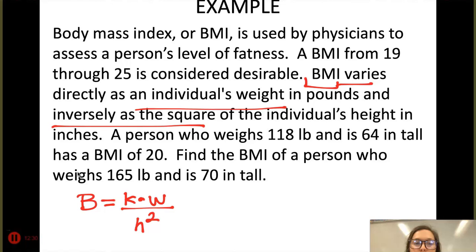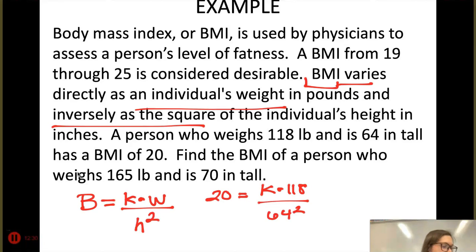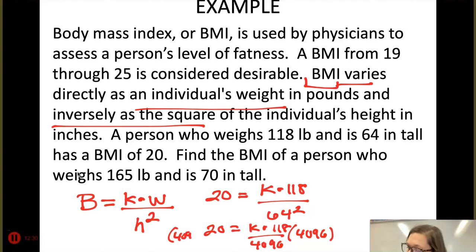Now let's fill in what they give us. They said a person who weighs 118 pounds and is 64 inches tall has a BMI of 20. So 64 squared is 4,096. So 20 equals K times 118 over 4,096. Multiply by 4,096 on both sides, times 20, and that gets me a really large number: 81,920 is equal to K times 118.